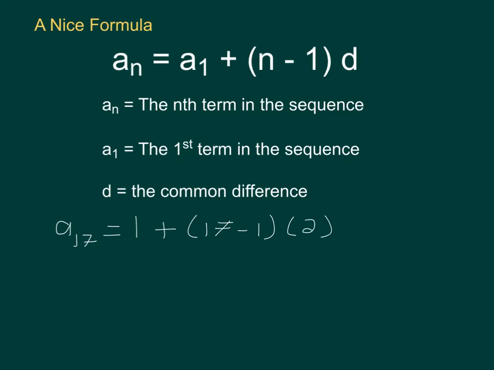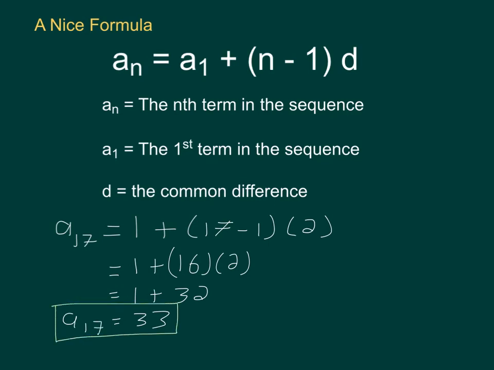So now I can actually just go ahead and simplify this. So that's 1 plus 17 minus 1 is 16 times 2. That's 16 times 2, which is 32. And 1 plus 32 is 33. So a sub 17 equals 33.